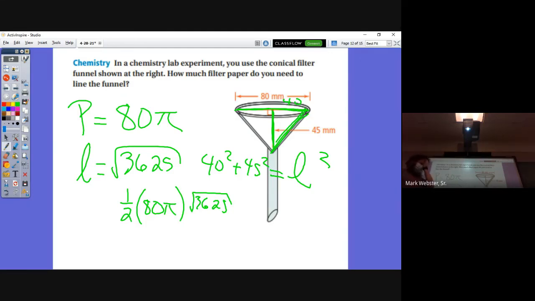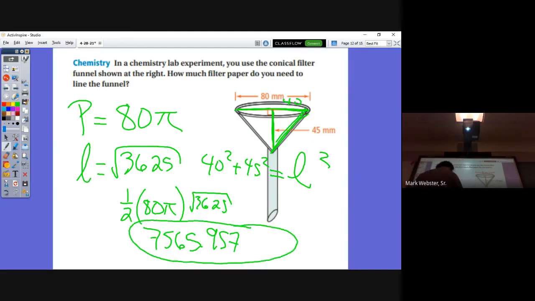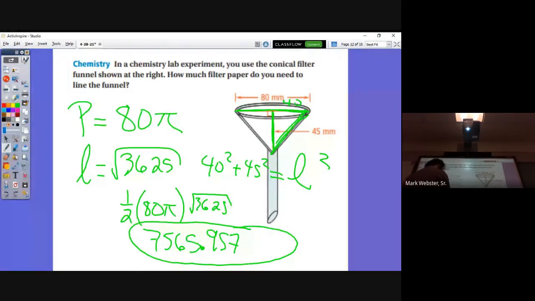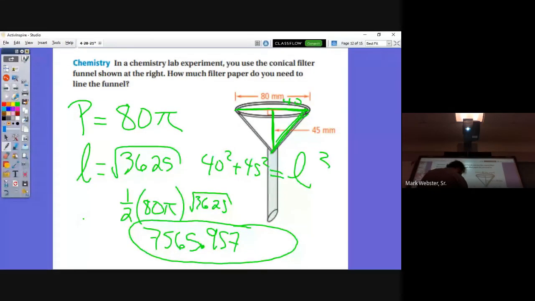In terms of pi, it's still going to be a decimal. So give me the whole thing with pi and everything all in there. I got 7,565.957013. That zero is going to go away. I'll put a zero here. And then that's millimeters squared.